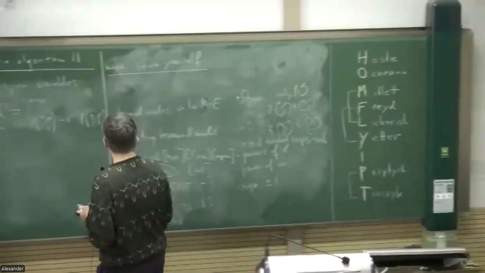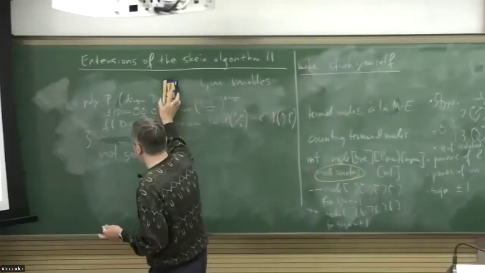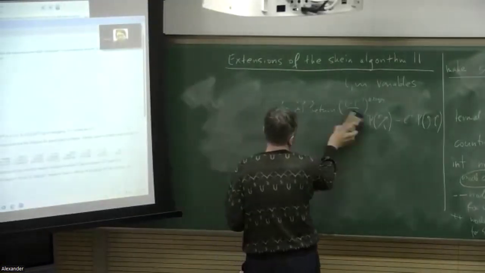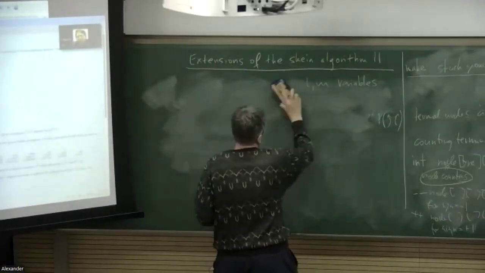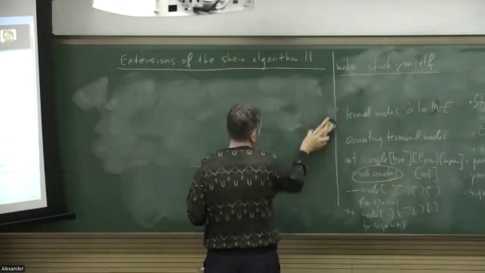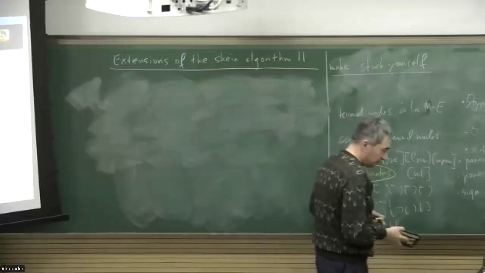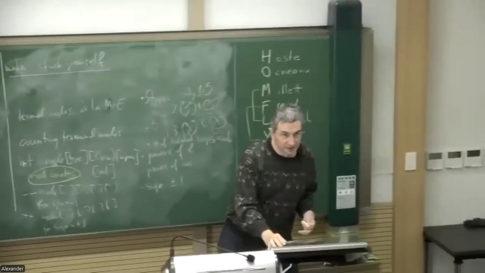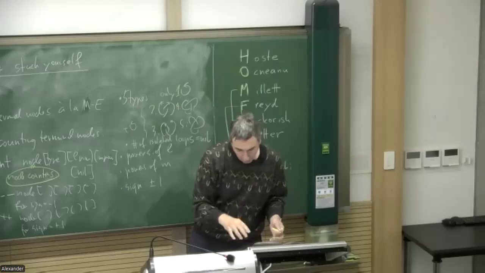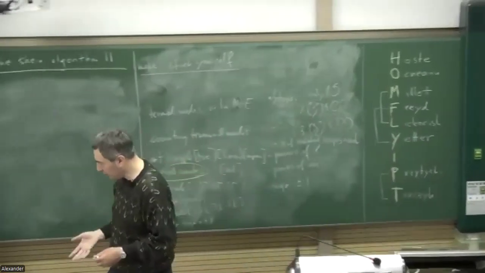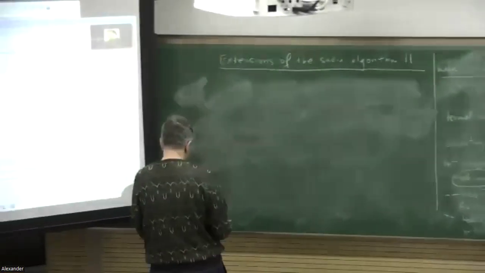Okay, so now how do you make the stack? The idea of this stack is to record the complexity of the skein calculation without doing recursive calls.